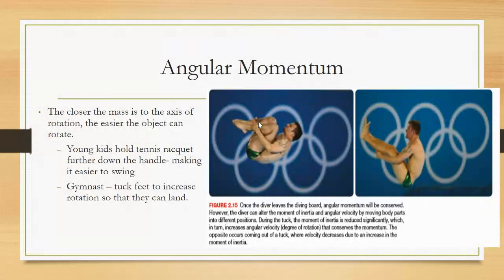When we're looking at the ability to spin, you're going to be able to spin a lot easier when your mass is close to the axis. And in this case, the axis is his center of gravity, which would be around here, right on the cusp of his belly button, I would say.